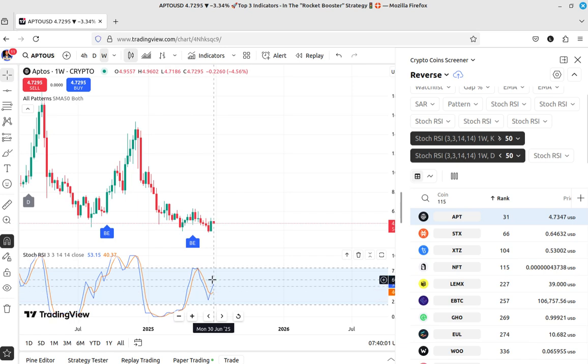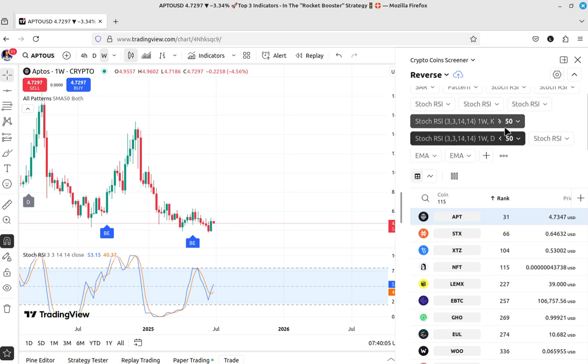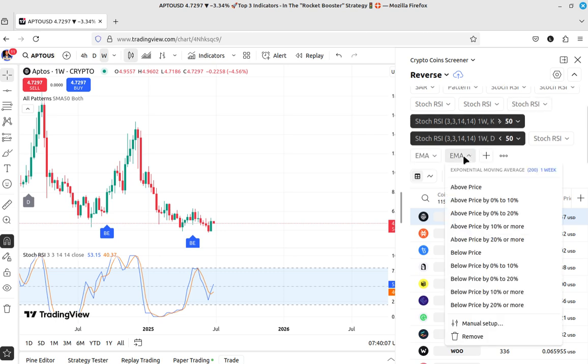This is the condition I wanted. The next condition that I want is the moving average.